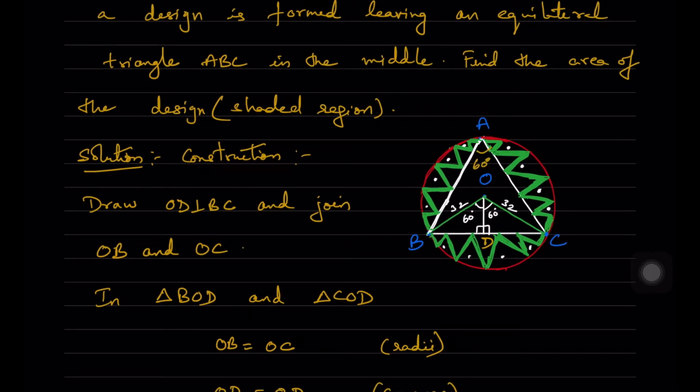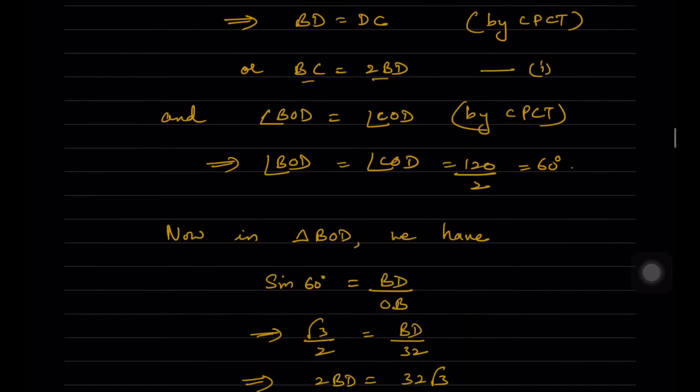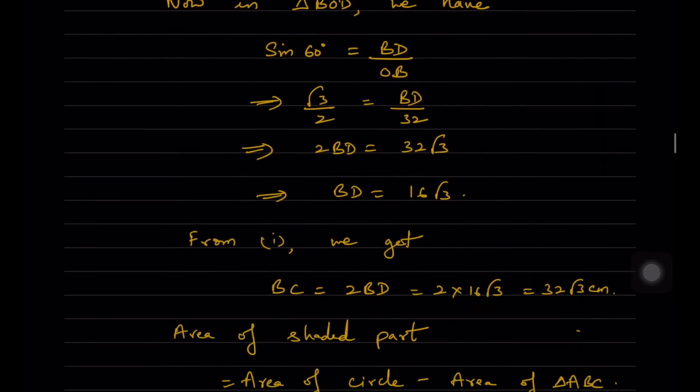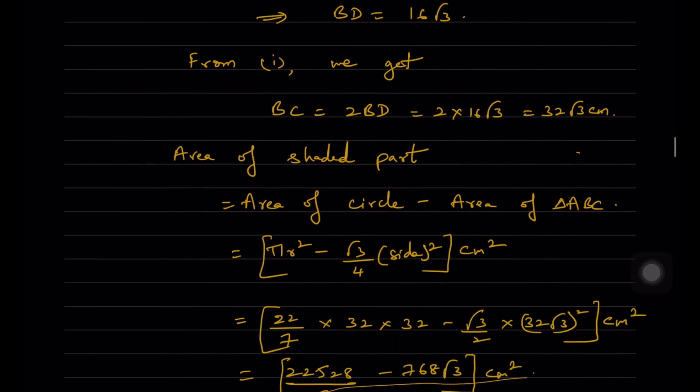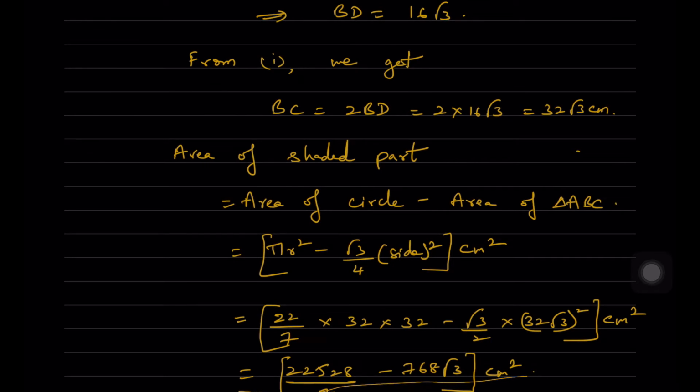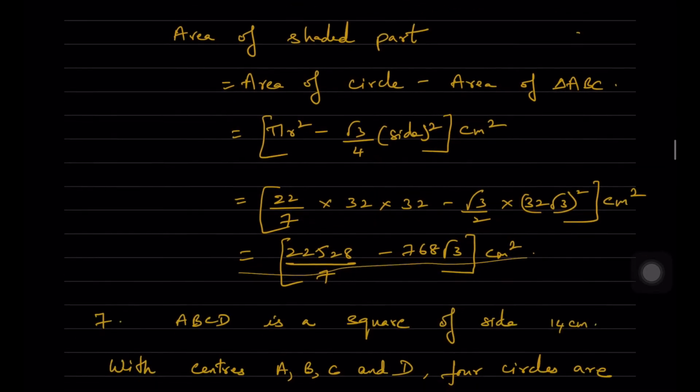Because you know r is 32 centimeters, so 22 by 7 into r square, that is 32 into 32, minus root 3 by 4 side square, that is 32 root 3 whole square. So which is equal to 22528 by 7 minus 768 root 3 centimeter square.